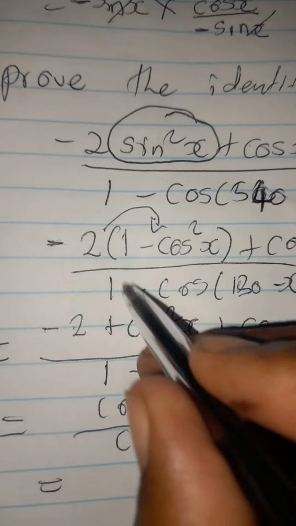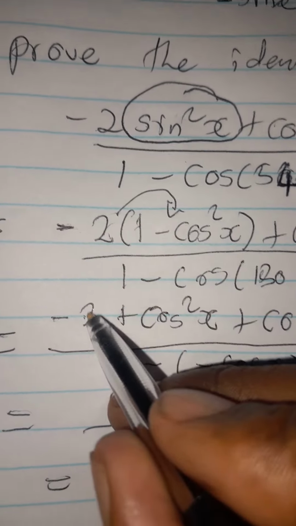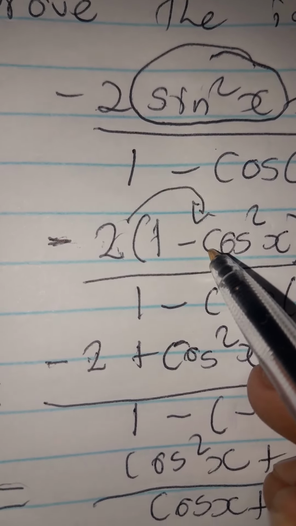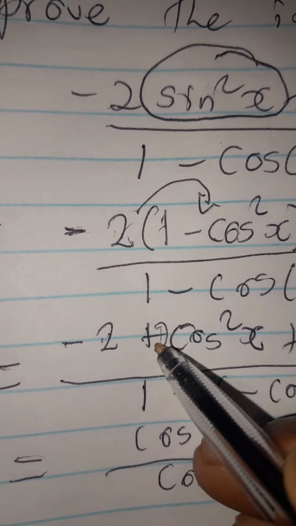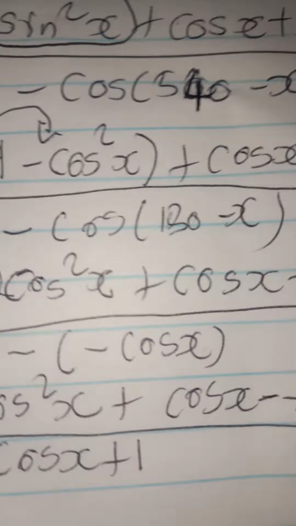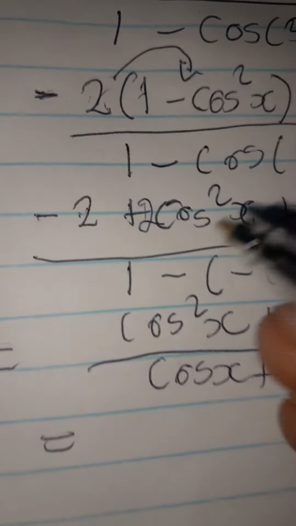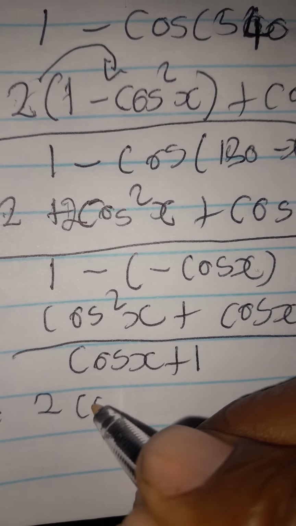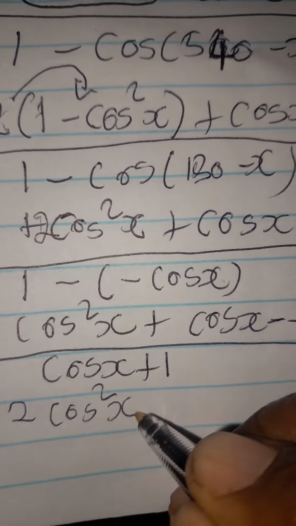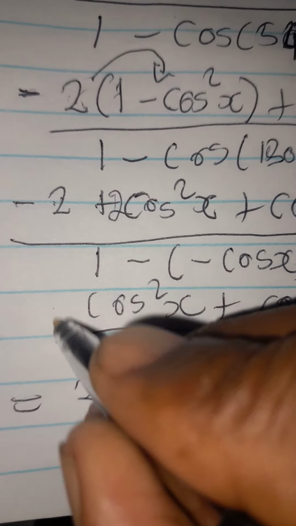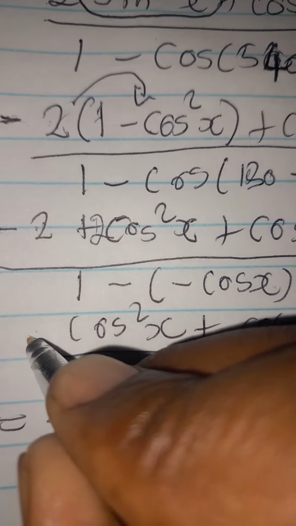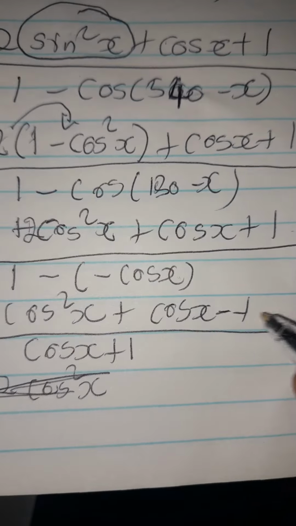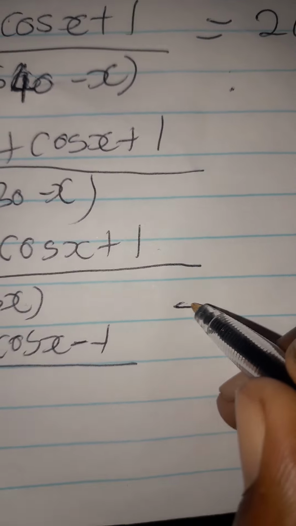Oh, my mistake was here, because negative 2 times 1 is negative 2, and negative 2 times negative cos squared x is going to be 2 cos squared x. Such a silly mistake there. So what can we do? We are left with 2 cos squared x. Sorry, for here, it's supposed to be 2 cos squared x there. Then this is correct. Then let's go.